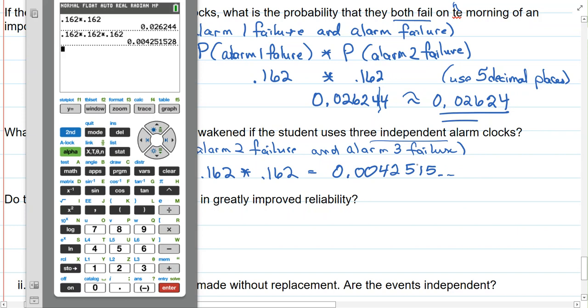Okay, we want 5 decimals. So we're talking about approximately 0.4% of all of them not working. Very, very slight. So that tells you how this probability does work.